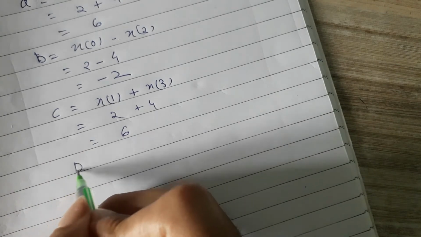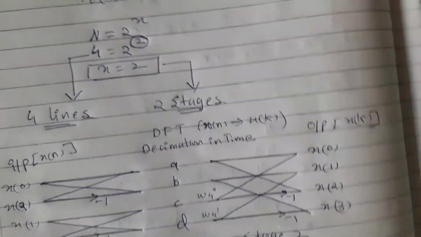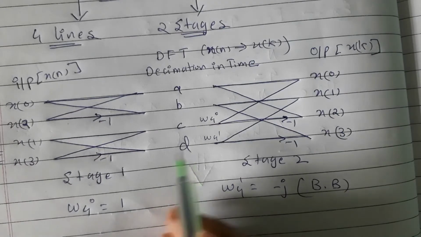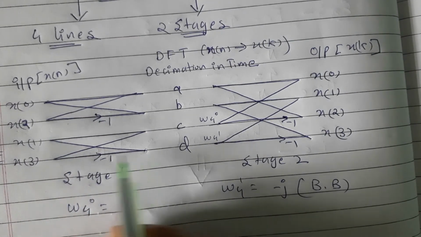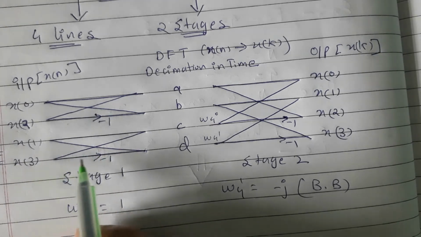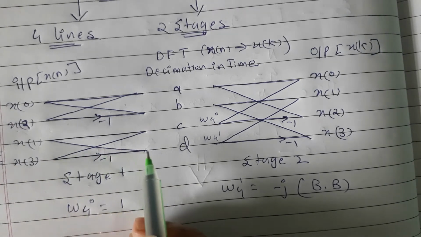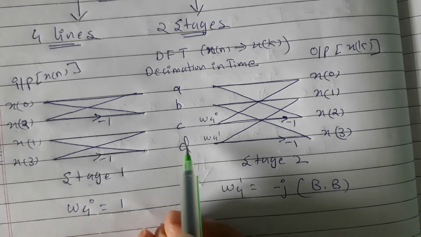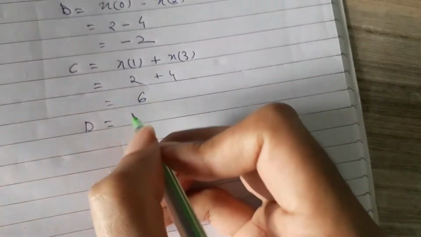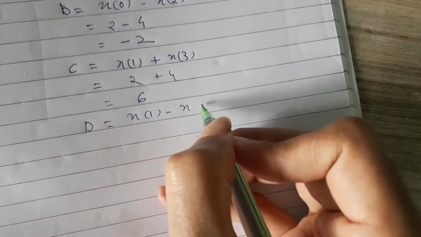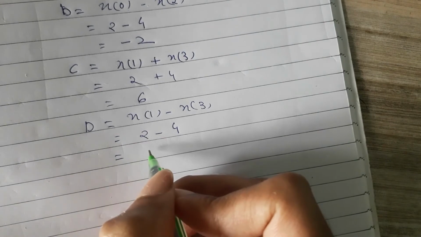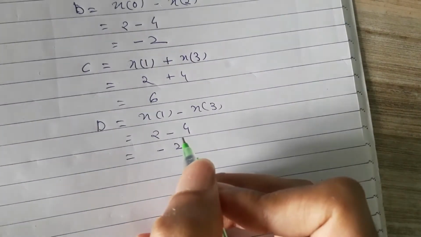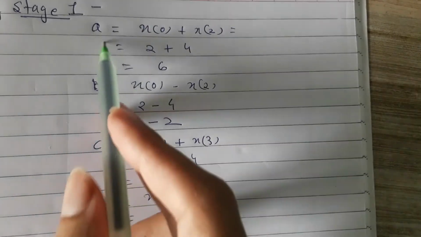Now last D, 2 points are coming towards D point, x1 and x3. So x1 minus x3 is equal to D. x1 and x3 we already have in the question. So we got the output of our first stage, A, B, C and D.